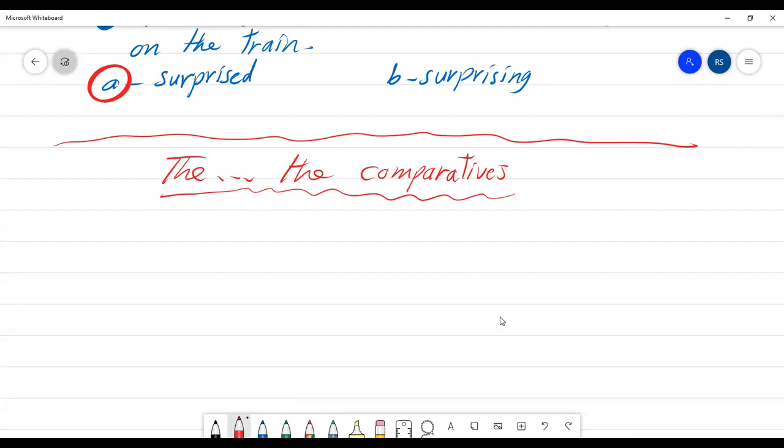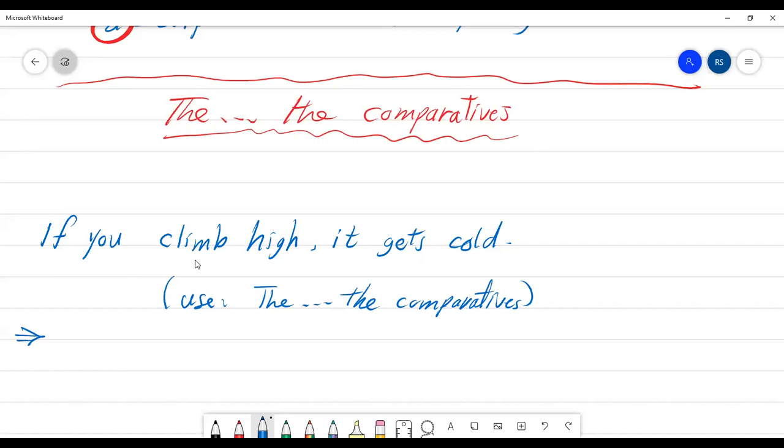For example, my friends, if you climb high, it gets cold. Use the comparatives. Here we say the, and after that we use the comparative of the adjective.